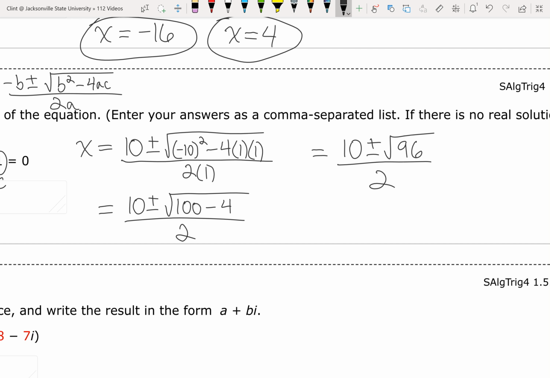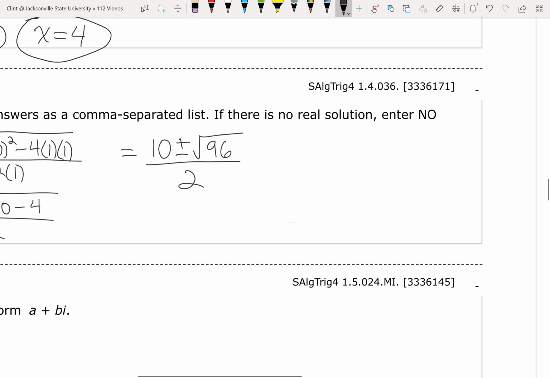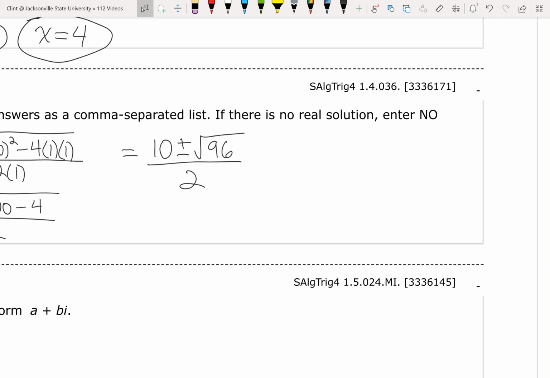But okay, so then we need to go off to the side and see if we can simplify the square root of 96. So I'm going to do 96 divided by 2. It's even, so I know it's going to go in, so that's 48. So it's 2 times 48. 48 is 2 times 24. 24 is 3 times 8. 8 is 2 times 4. Sorry, it's getting a little sloppy down here. I'm running out of room. 4 is 2 times 2. So what do we have?